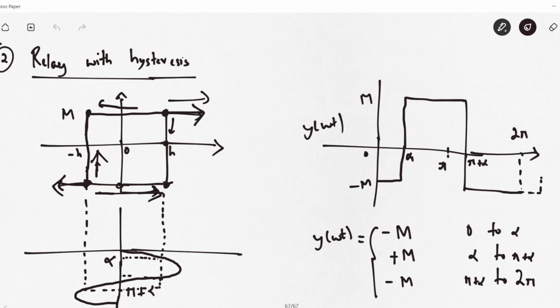Now we need to do the Fourier analysis of this function. So looking at this function, y of omega t is actually a shifted waveform by alpha, and therefore it is neither odd nor even function, but it has a half wave symmetry.